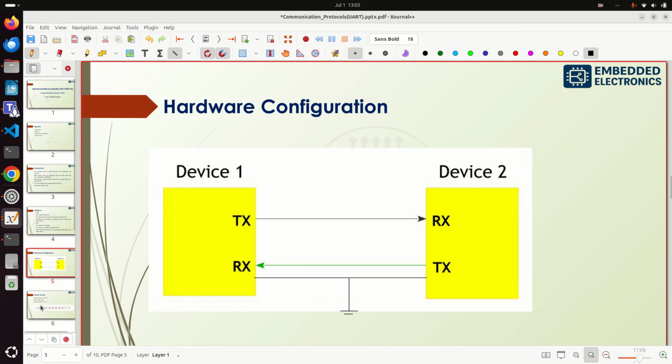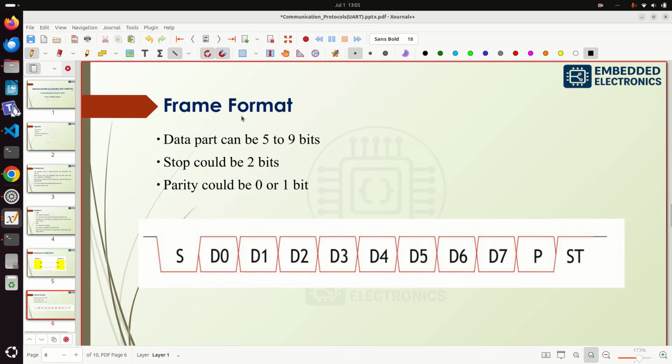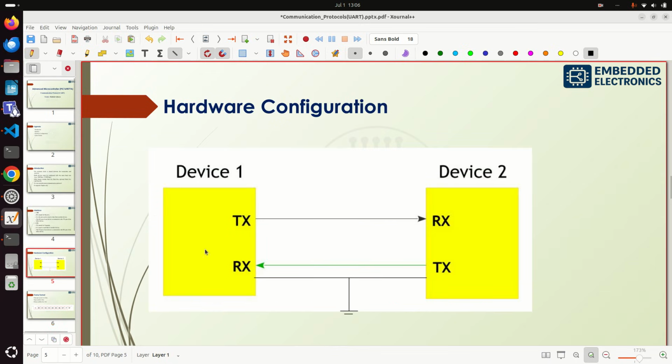Next is the frame format. In UART, communication happens between boards, as we discussed in the introduction. Assume we have two devices, and device 1 wants to transmit some data to device 2.